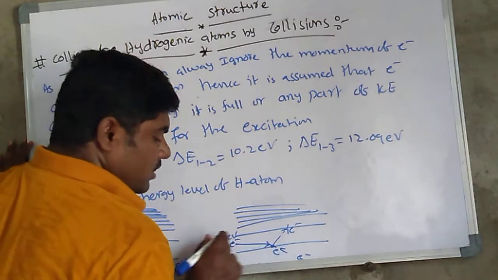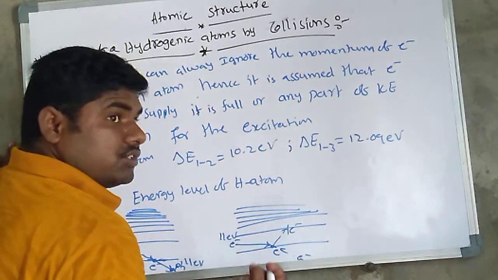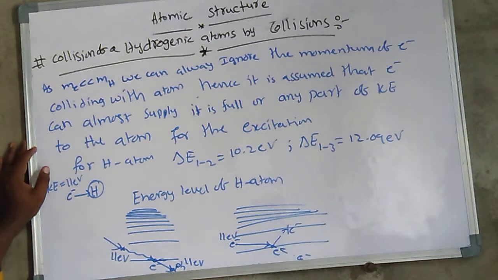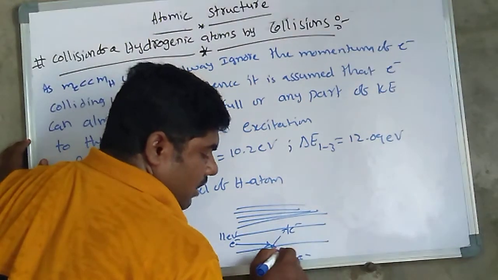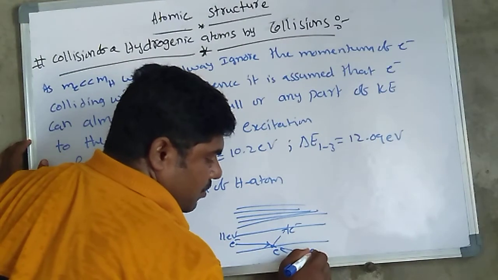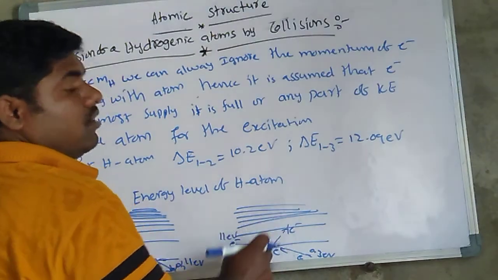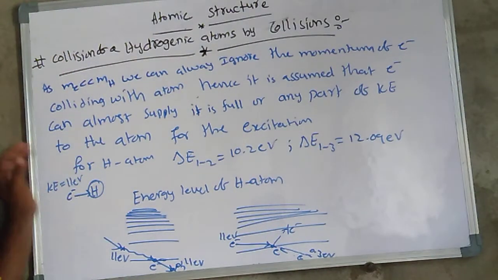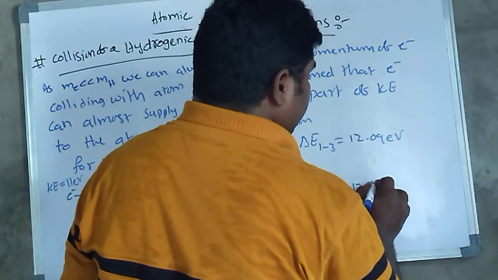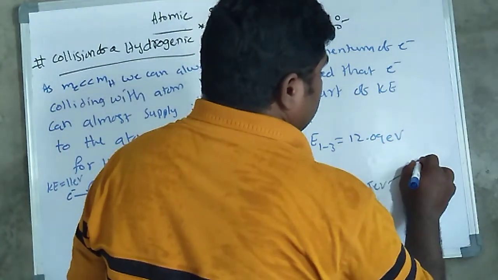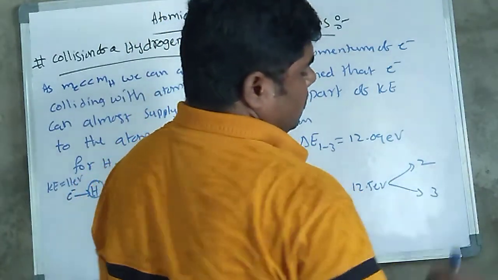So here the 11 electron volt is given, there is some energy absorption, and after that the electron has approximately 0.3 electron volt remaining. The remaining energy is taken by this electron. For example, if you give 12.5 electron volt, maybe this electron moves to the second excitation, maybe the third, two possibilities.